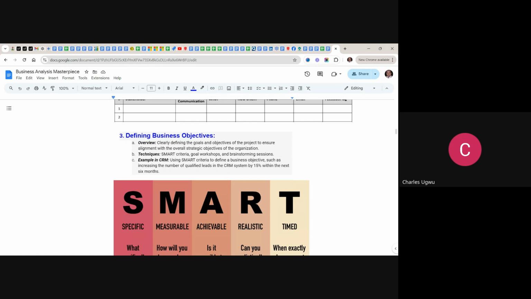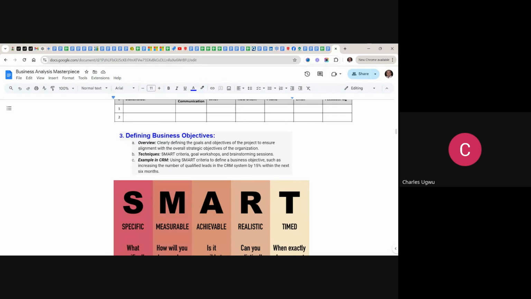You might waste a lot of time in scope creep, doing what is not relevant. By the time you realize it, you must have wasted a lot of time and resources, and that is not good for a project manager or a business analyst.